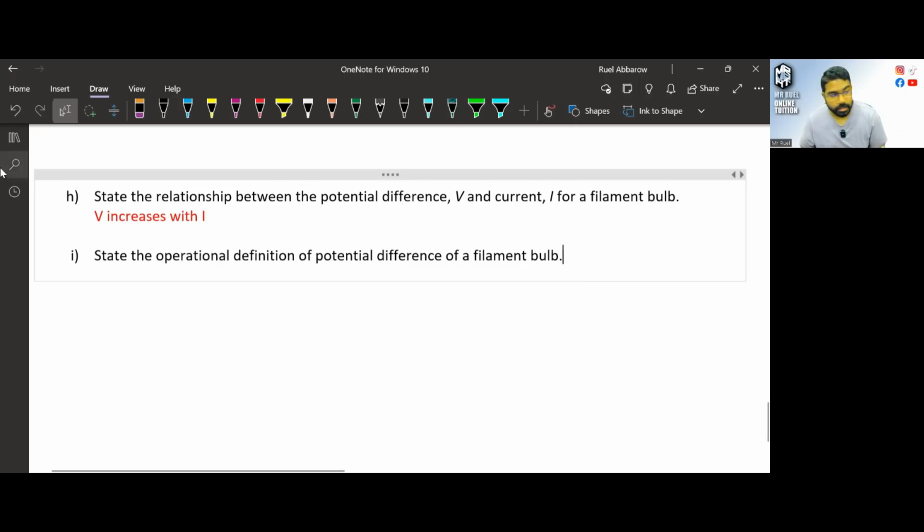So you can say, state operational definition for potential difference of filament bulb. So you can use this format. You start with whatever they want you to define. So you start with potential difference of filament bulb.